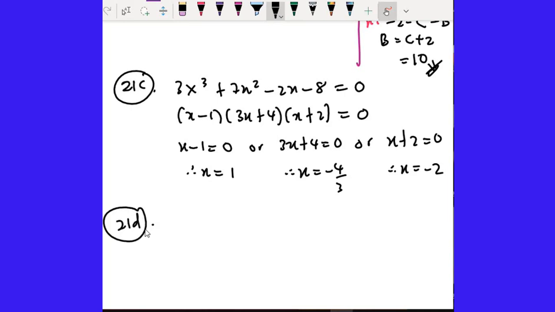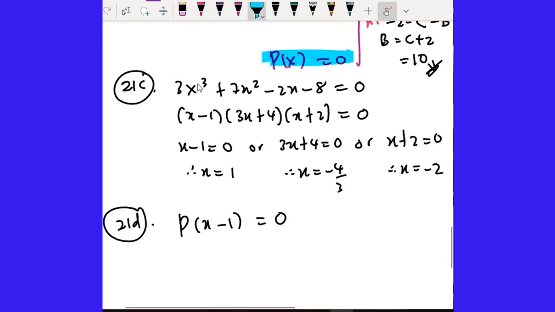Okay. Dah. Number 21D. Okay. Write down the solution of equation P(x minus 1) is equal to 0. Because matching, as you can see, this one is P(x). P(x) is equal to 0. Okay.